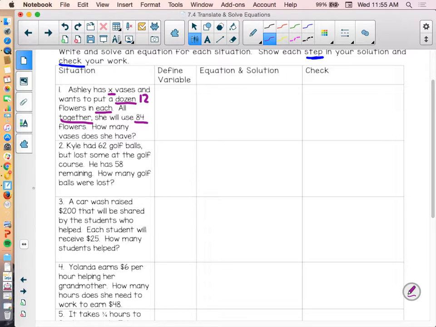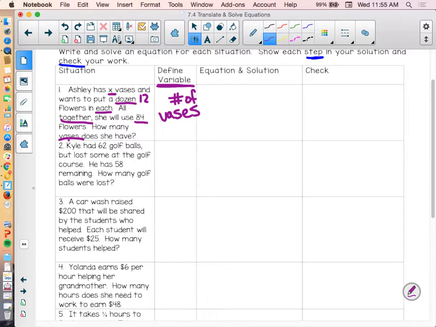Also note the question. You always want to be looking at what does the question ask? And the question can be very helpful with this next part, which is defining your variable. You need to decide what is the thing that we are trying to find. And in this case, it's vases. It's the number of vases. In each problem, you need to tell me what each variable is, the letter that you want to choose, and what it means.